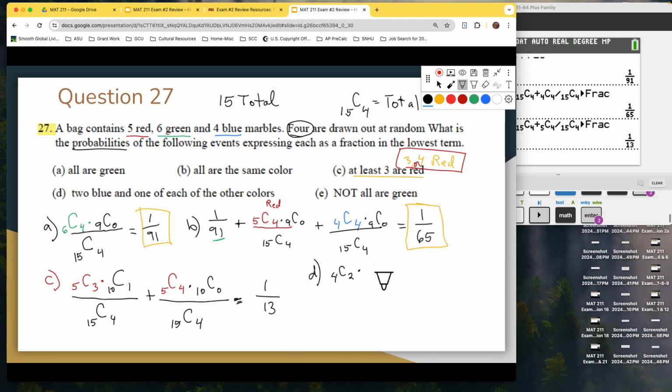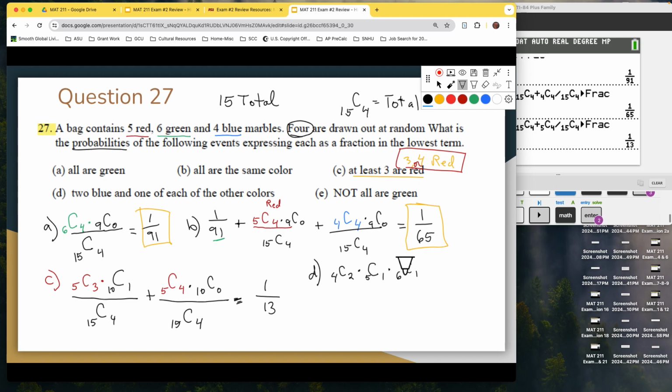Well, we have to separate there. So out of the 5 red, we want to choose 1 of them. Out of the 6 green, we want to choose 1 of them. We can't just combine, say we want 2 out of these 11. I don't think that would work. It might. I don't know. I know this will work. Okay.